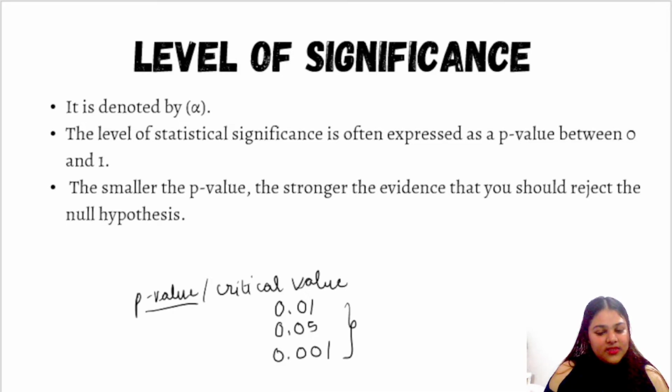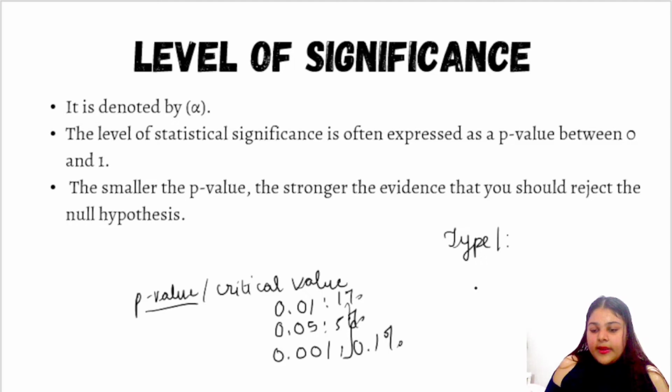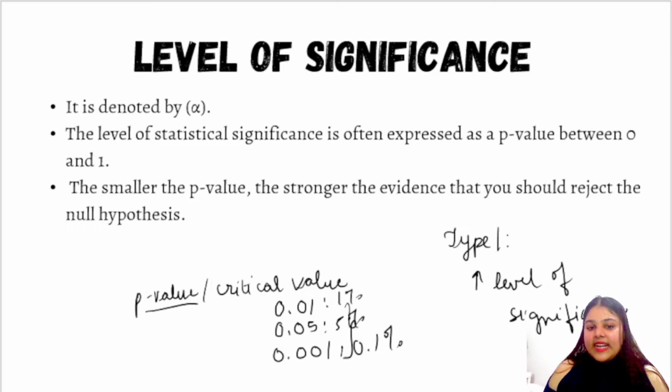Herein, in the 0.01 level, how much chance of error am I allowing my researcher to make? 1% error, and in 0.05, 5% error, in 0.001, 0.1% error, right? So it is said that I can avoid my type 1 error by increasing my level of significance, or by decreasing the chance of error that they are going to make.